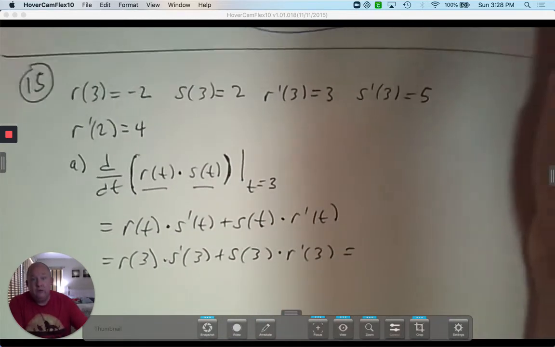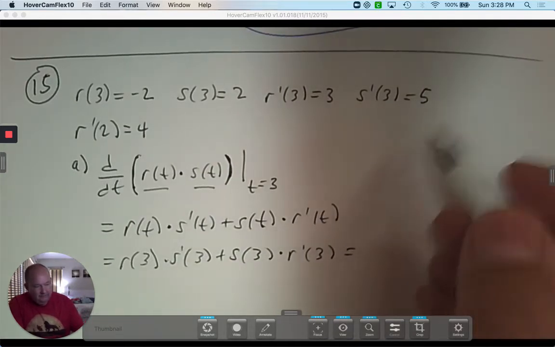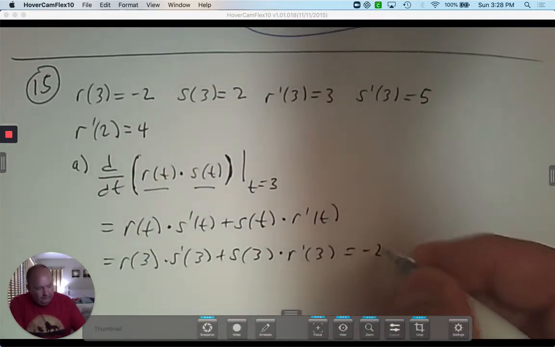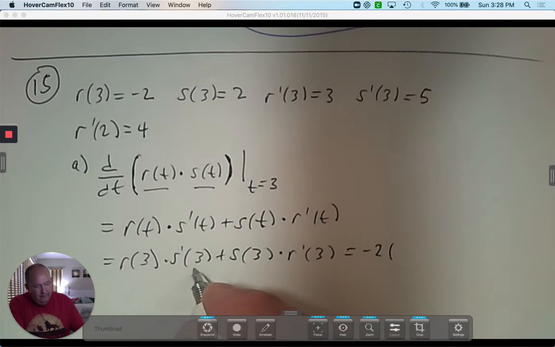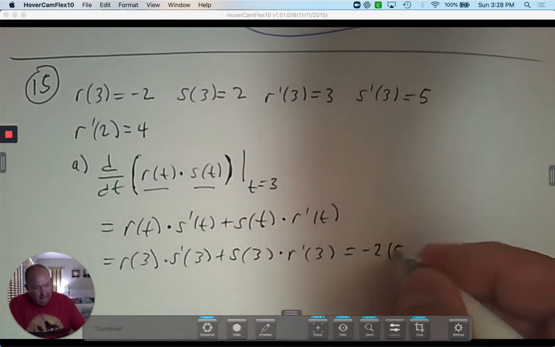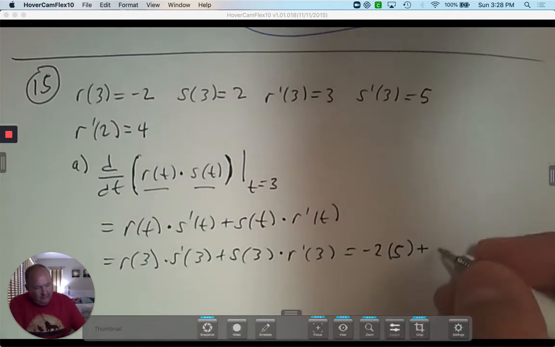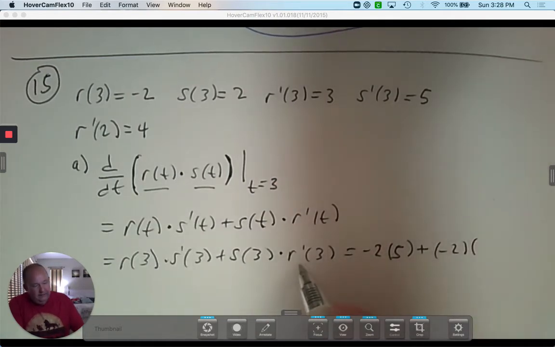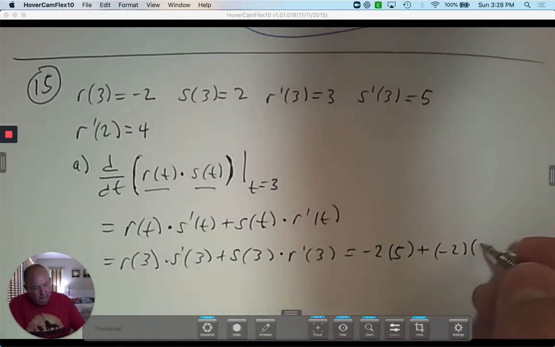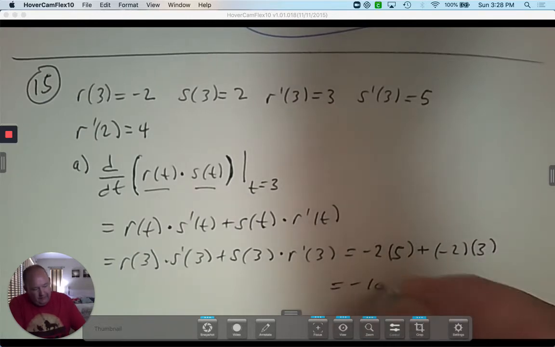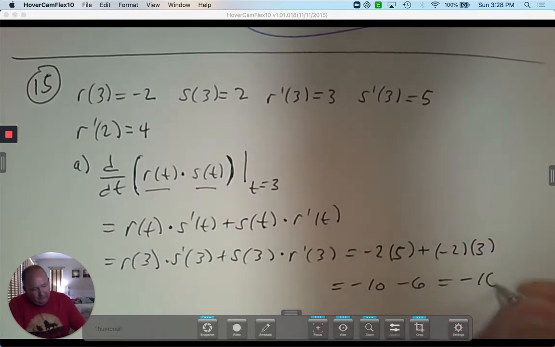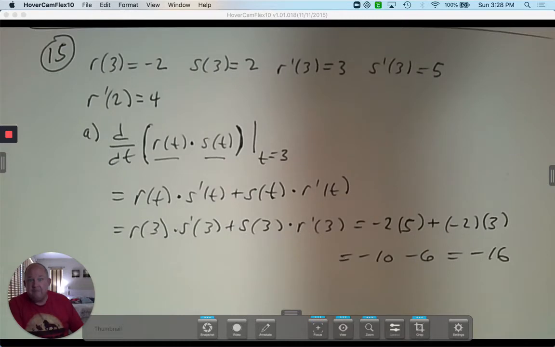So in this question, R at 3 is negative 2, S prime at 3 is 5, plus S at 3 is negative 2, and then R prime at 3 is 3. And there it is. So it's negative 10 subtract 6. So you get the answer negative 16.